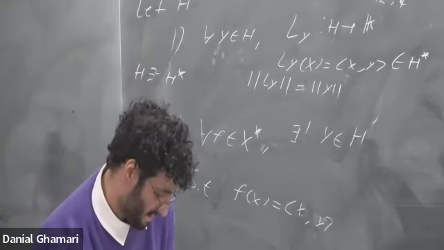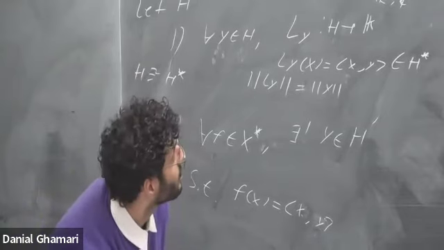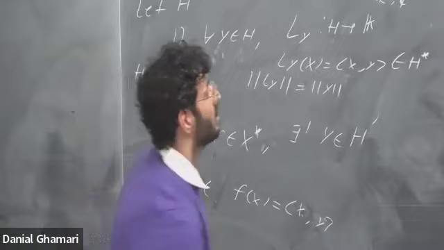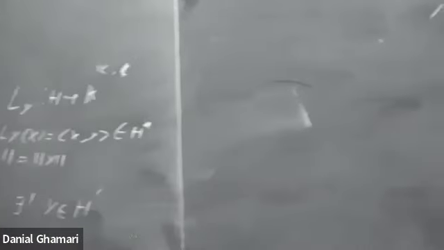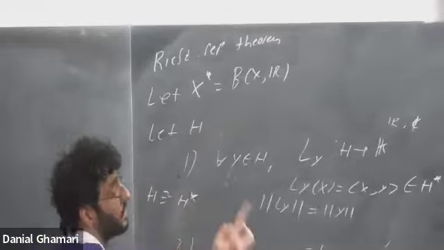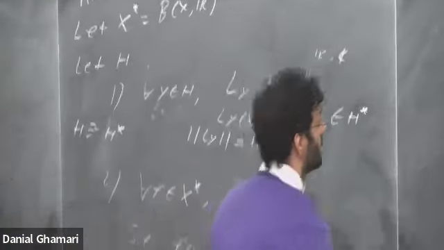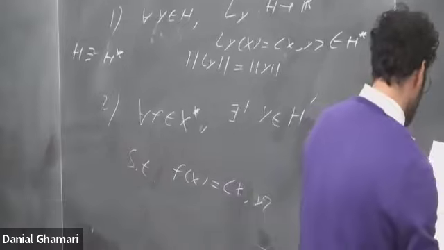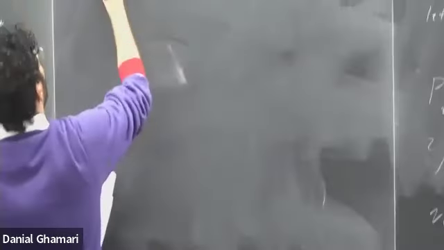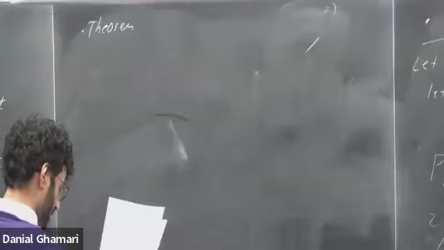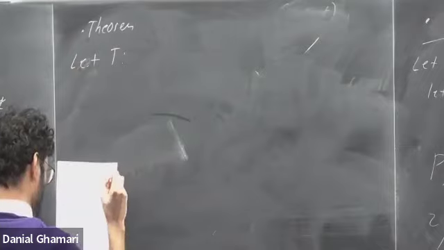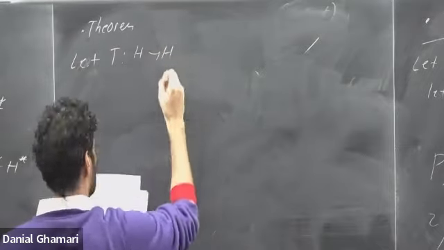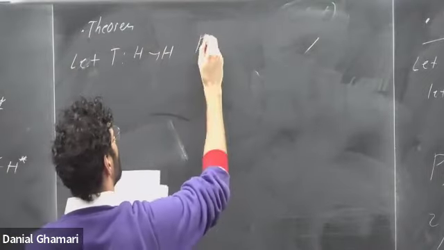Right. And then essentially, this theorem here, which is called Hilbert's projection theorem, by proving this you can then prove Riesz's representation theorem, and then from Riesz's representation theorem, you can prove the existence of adjoints. So, let T go from H to H be bounded linear, so BL.